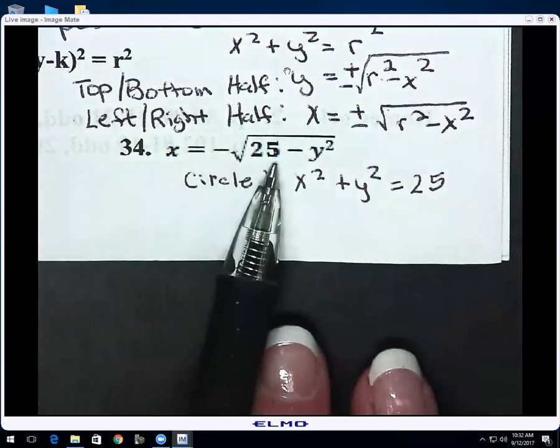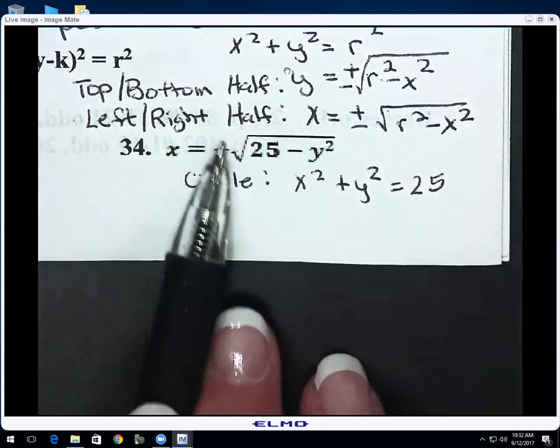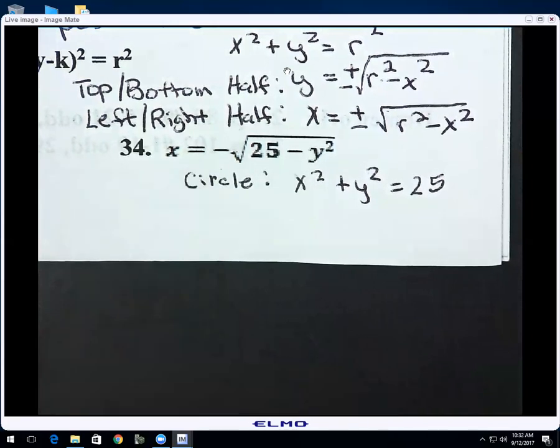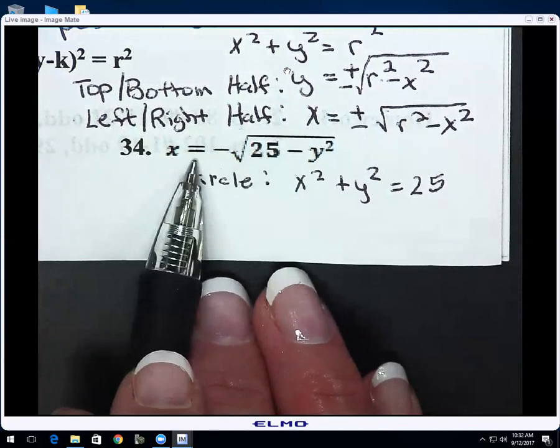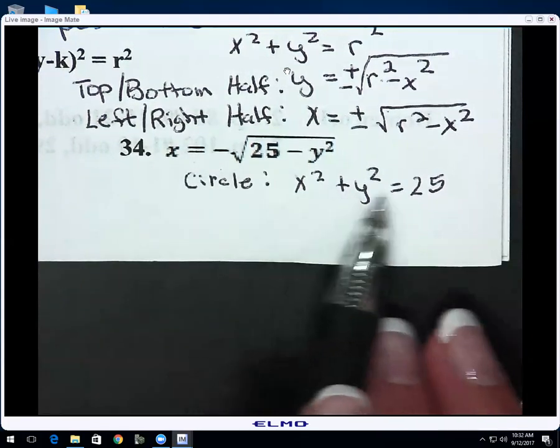And you see that that's what I'd have. If I squared the right-hand side, squaring a negative makes it positive. Squaring the square root just leaves you what's under the radical. And then I added y squared to both sides. Is this original equation the top half, bottom half, left half, or right half of that circle?